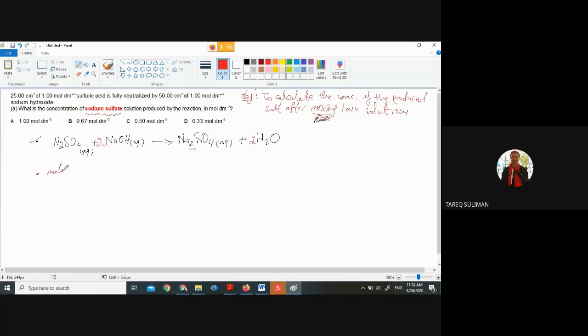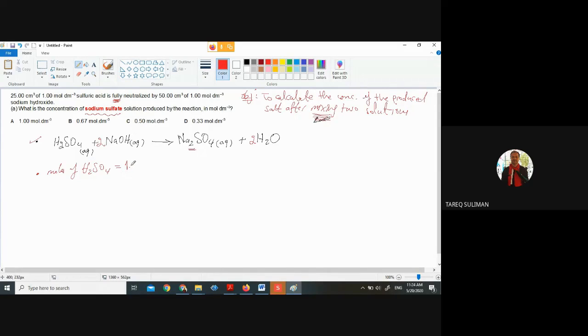Moles of H2SO4. Why didn't we calculate the number of moles of NaOH? Yes, but in excess? No, it is fully neutralized. Always look at the question carefully, Yazid, please.